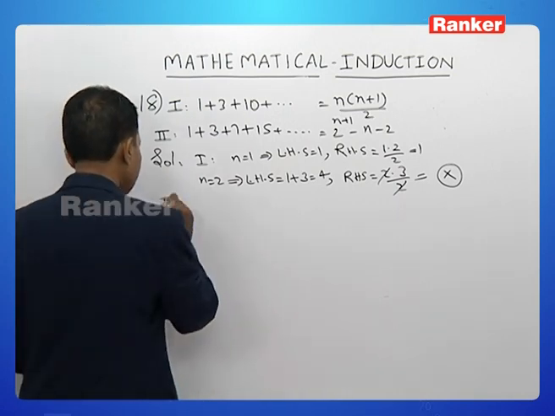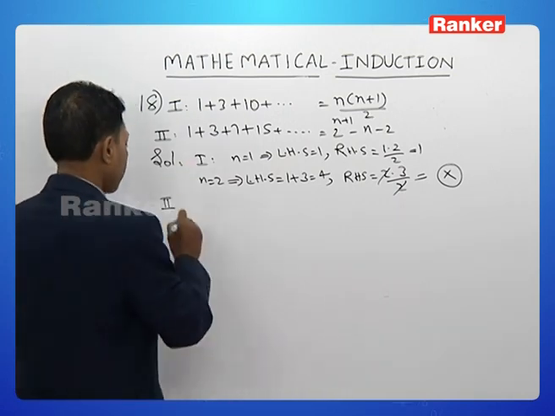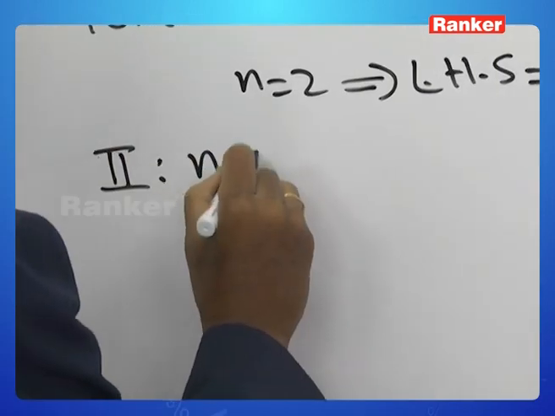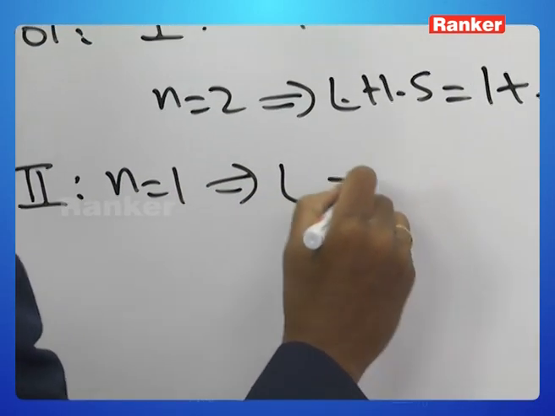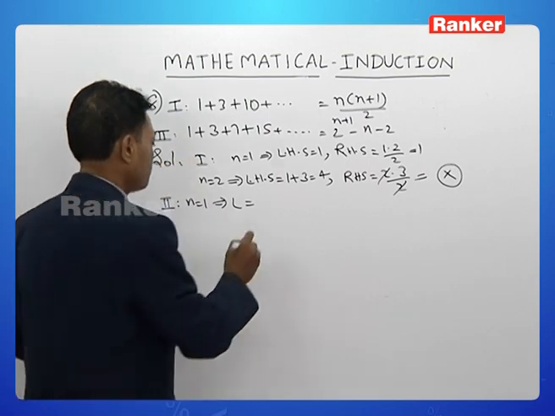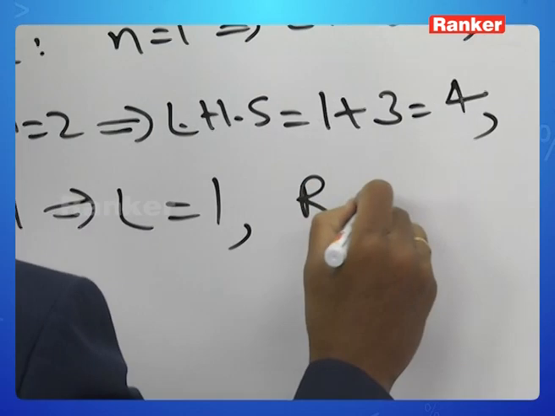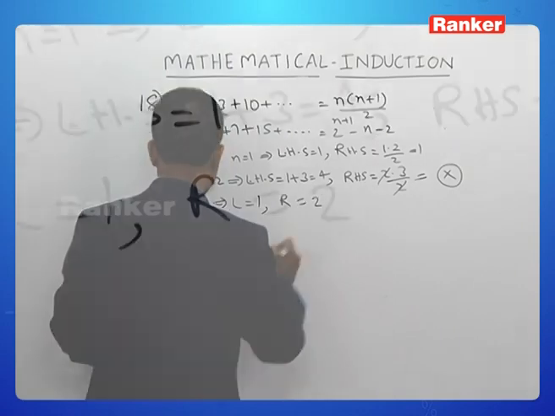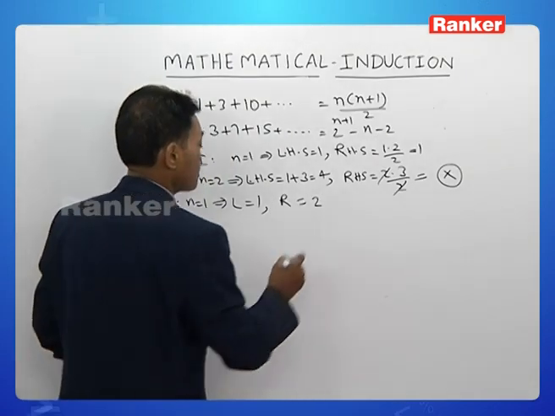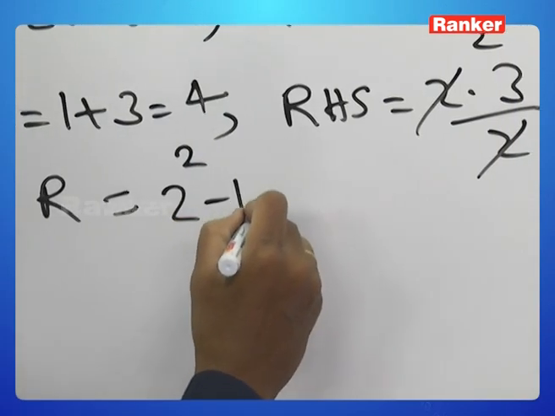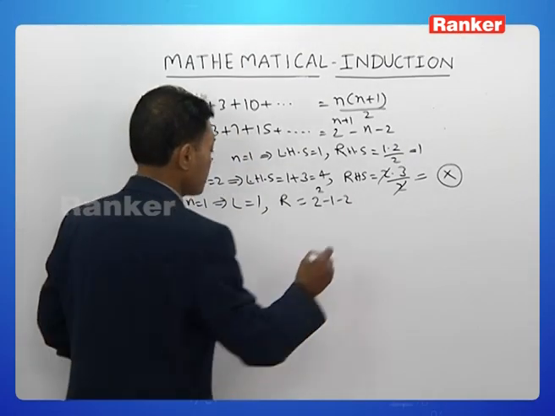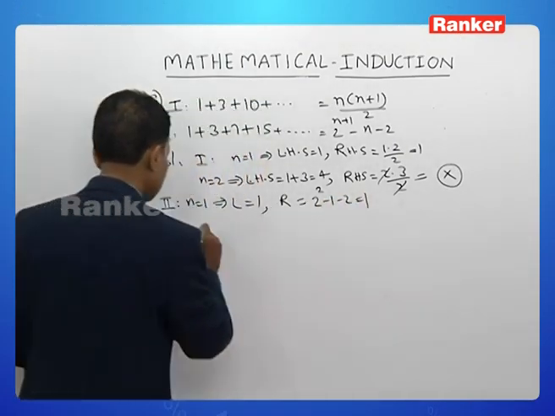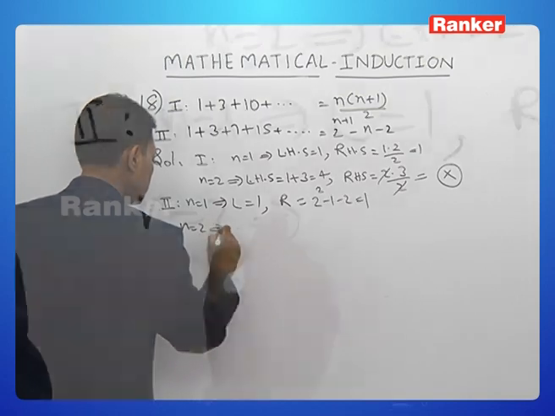So let us consider the second statement. Put n is equal to 1. What is LHS? 1. What is RHS? 2 to the power of n plus 1, 2 square, minus 1, minus 2. 4 minus 3, 1. So both are okay. Now n is equal to 2.